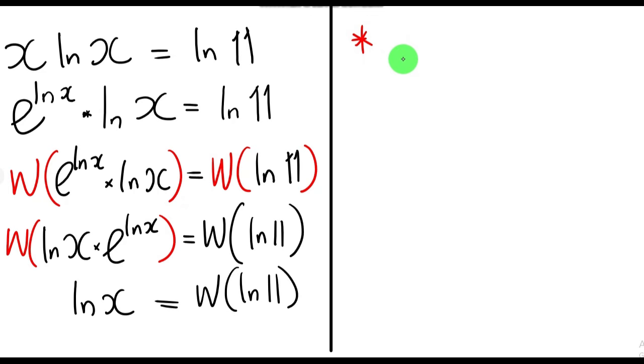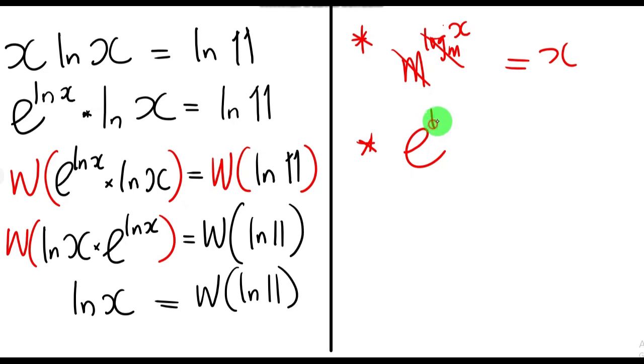Remember that when we have m to the power of log of x base m, the result is x, because these go away. The same thing when we have exponential of ln x, the result is going to be x.